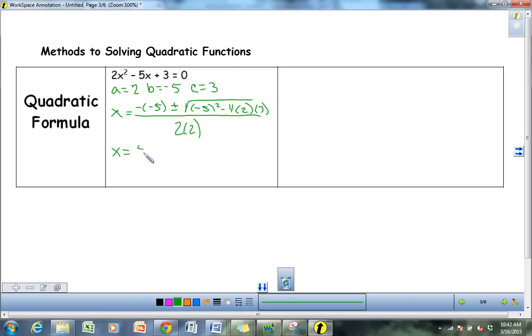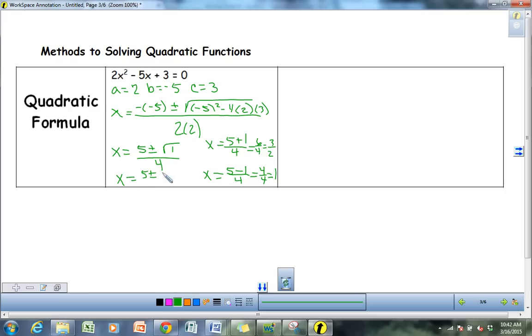Simplify your discriminant first, what's underneath your radical, and we end up getting the square root of 1, all over 4. Now break that up into two different ones. X equals 5 plus 1 over 4, which is 6 over 4, which is 3/2, or 1.5 if you're using a calculator. And 5 minus 1 over 4, which is 4 over 4, which is 1. So my solutions are 3/2 and 1.